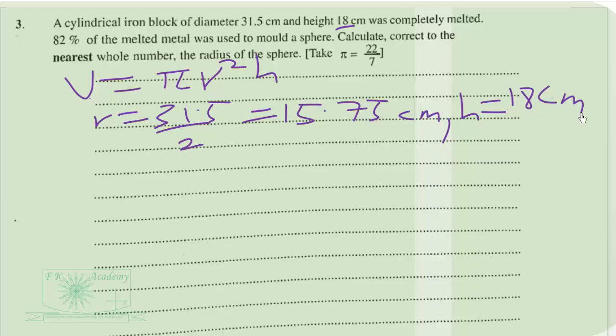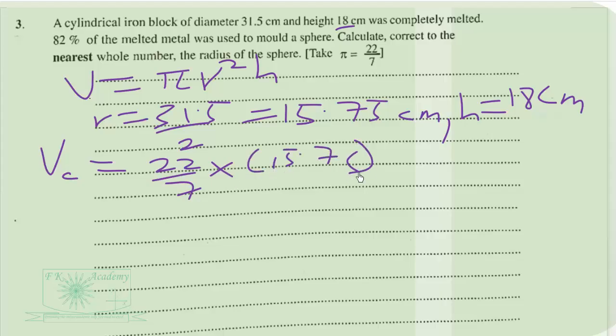So the volume of the cylinder will be equal to 22/7 times 15.75 all squared times 18. And this simplifies to 143.25 centimeter cube.